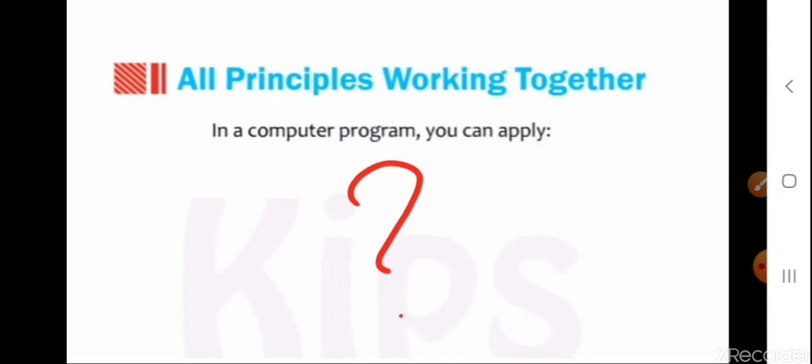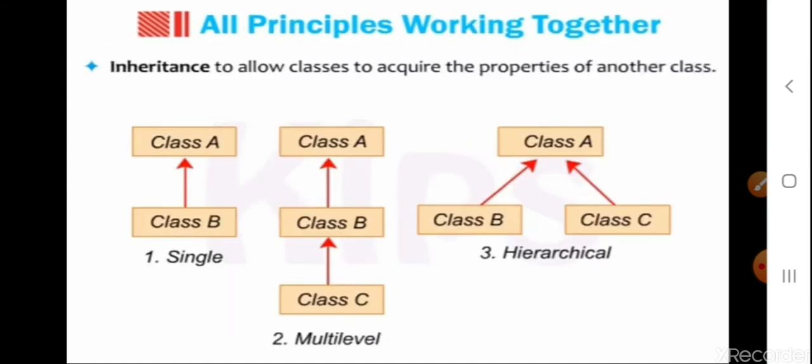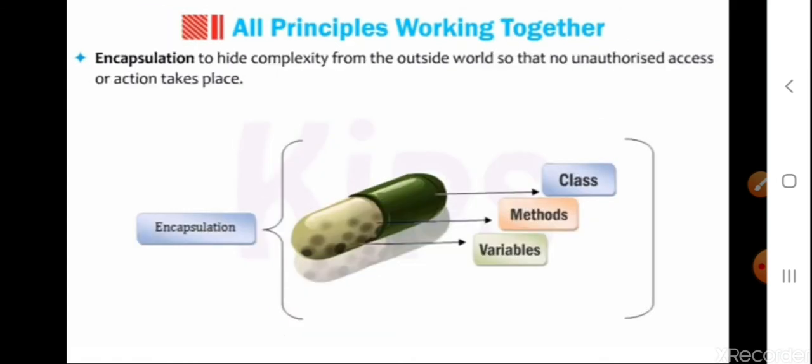In a computer program, you can apply abstraction to identify the data objects, inheritance to allow classes to acquire the property of another class, encapsulation to hide the complexity from the outside world so that no unauthorized access or action takes place.